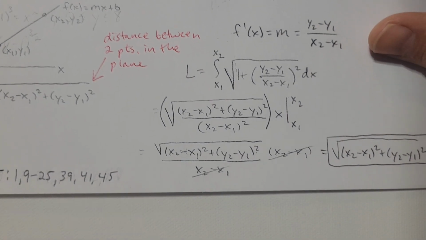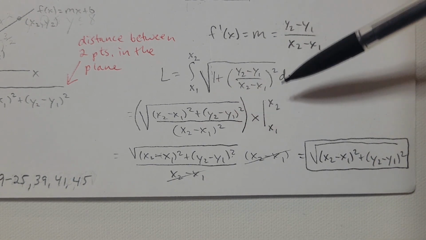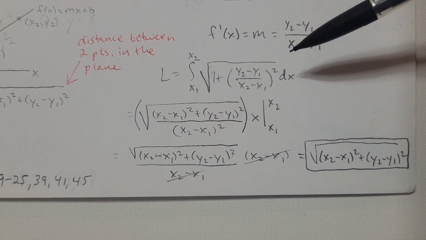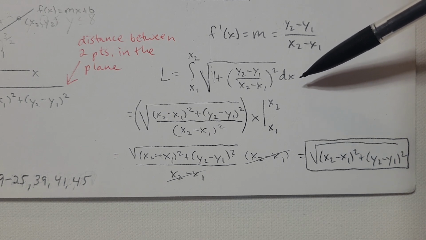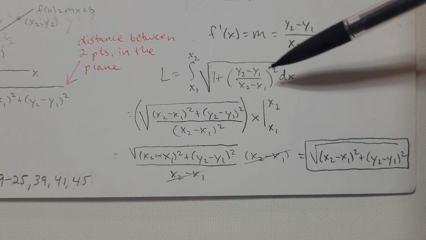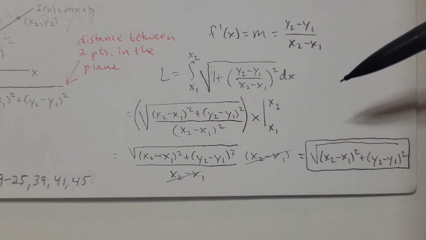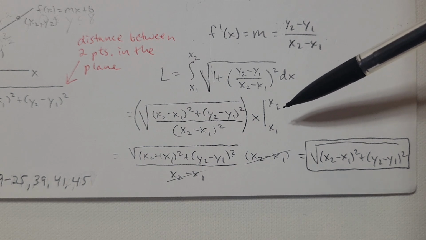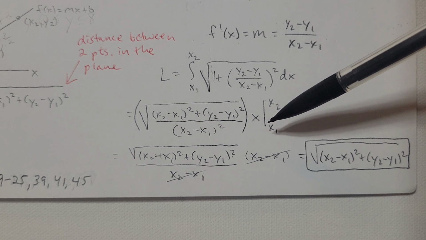Now this whole integrand is a constant, just like 5 is a constant, because I'm integrating in terms of x. Everything about this is a constant. So I'm going to take the constant times x for the antiderivative there, and plug in my bounds, upper bound first, lower bound second, so I get x2 minus x1.